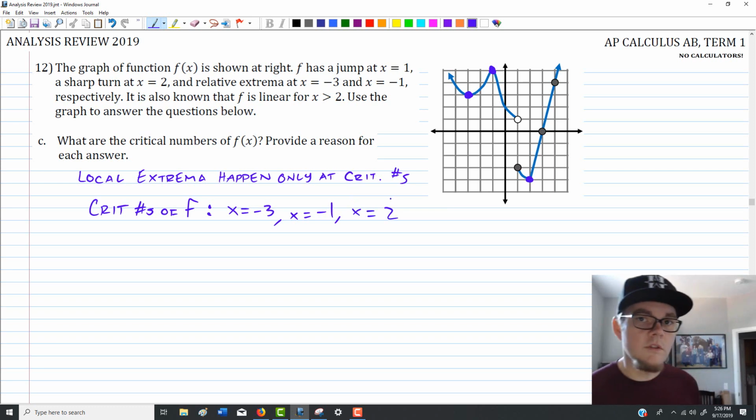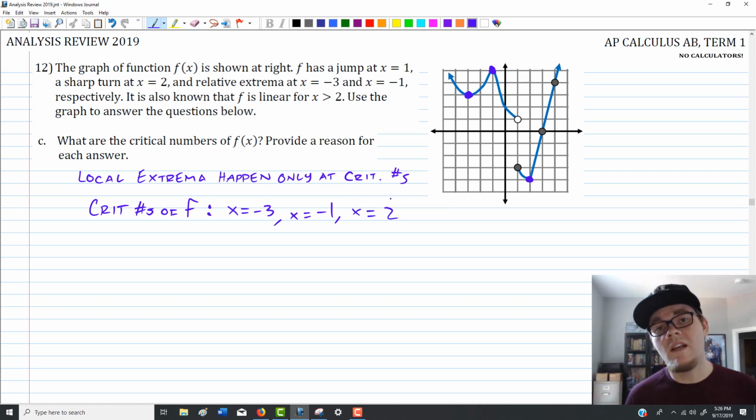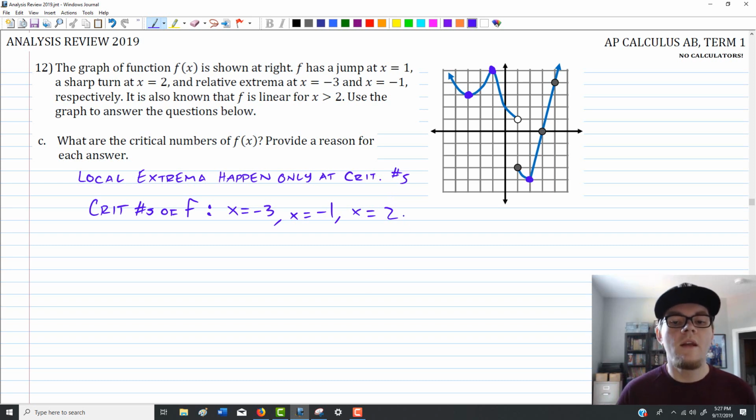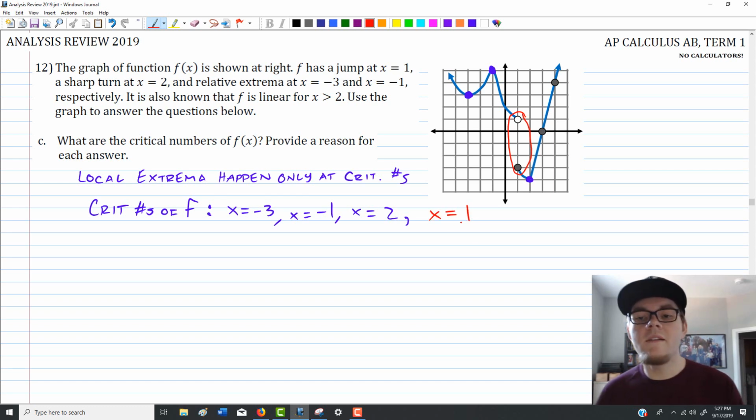Now note x equals 2 is a sharp turn, so it's a place where the derivative does not exist, but of course the point's clearly there, so we include it. If you put those 3, I'd say you did a nice job, but there's actually a 4th one in here. That 4th critical number occurs at x equals 1.